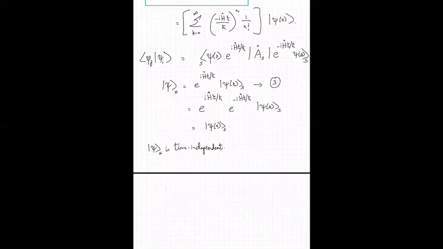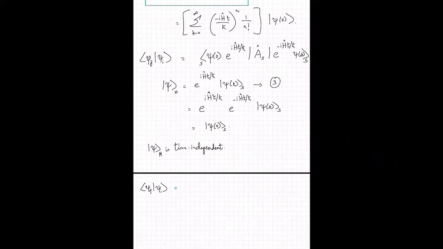Now, this might raise an important, rather confusing question. If I want to describe dynamics in quantum mechanics using the Heisenberg picture, then where is the time dependence? Well, let's again look at the amplitude. So for a system to go from an initial state psi i to the final state psi f, I'm looking at this particular equation.